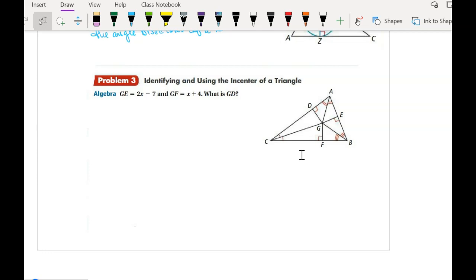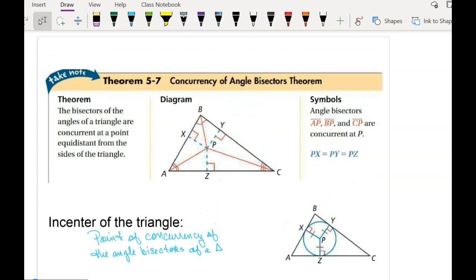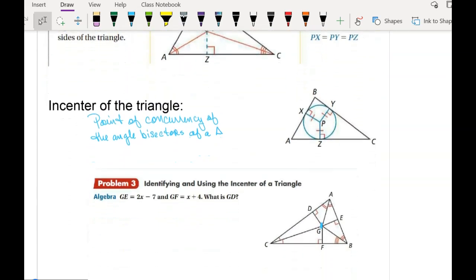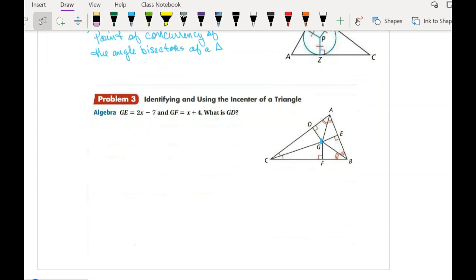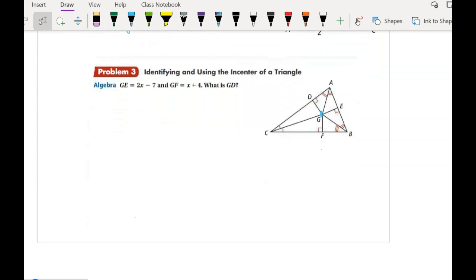Now where do those meet? They meet right here at G. And what is point G called? G is called the incenter of the triangle. It's the point of concurrency of the angle bisectors. So what do I know about GE and GF?